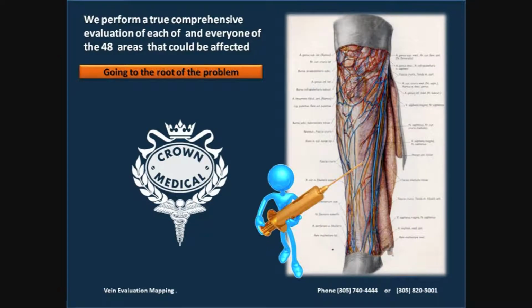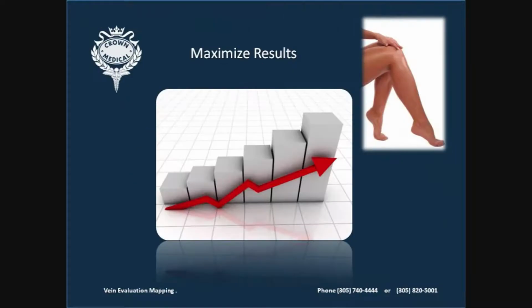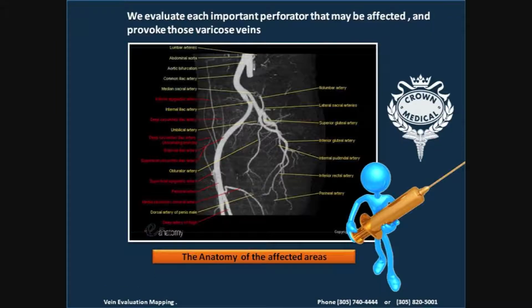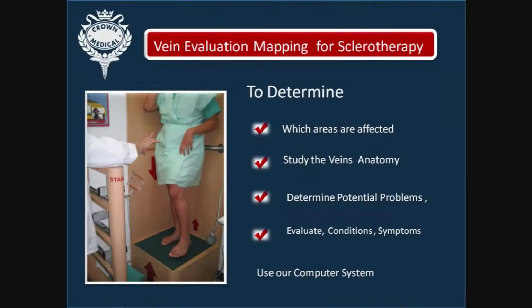Our objective is to get to the root of the problem, to know exactly where we should start our therapy, what vein to treat, and what is the best path to follow, in order to maximize results for you, to eliminate pain, cramps, ulceration, as well as to improve your appearance. We have the most advanced computer evaluation software for sclerotherapy available that integrates each one of the parameters that we have gathered during your evaluation.